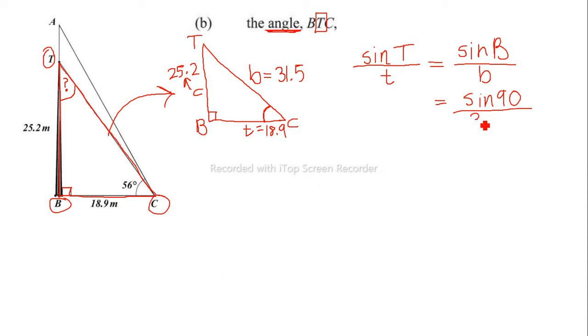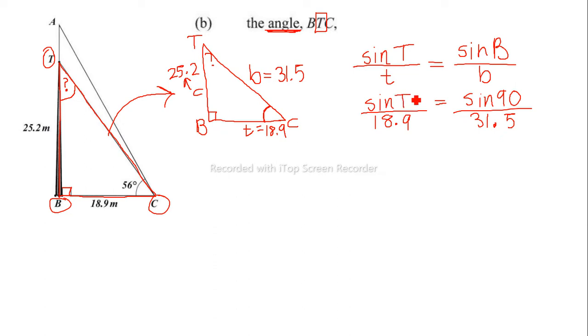Okay, and what is t? 18.9. Very good. And what is capital T? We don't know that one. That's the missing angle. So sine of capital T.